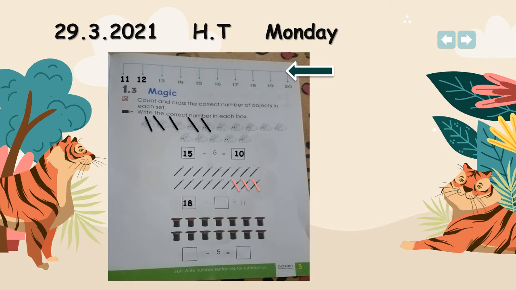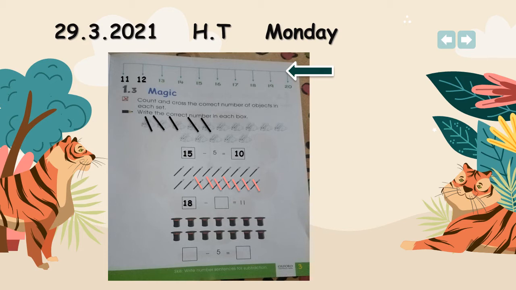So we will count like 18, 17, 16, 15, 14, 13, 12, and the next number is 11. I stopped at 12. It means 11 wands are left.